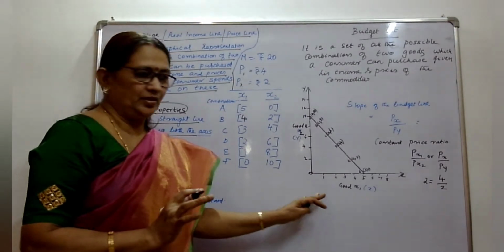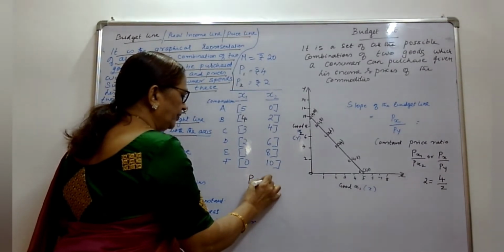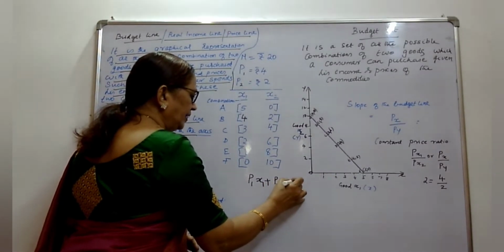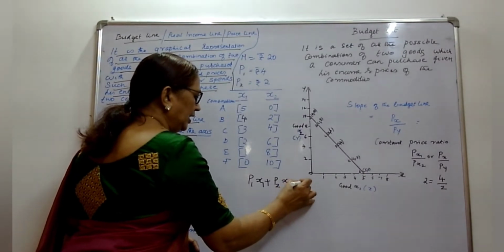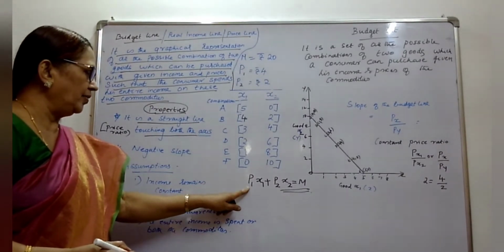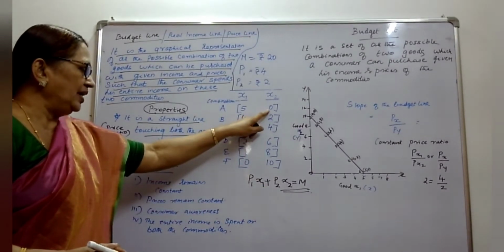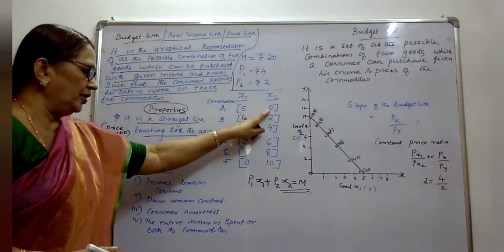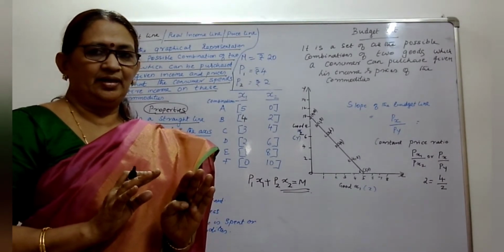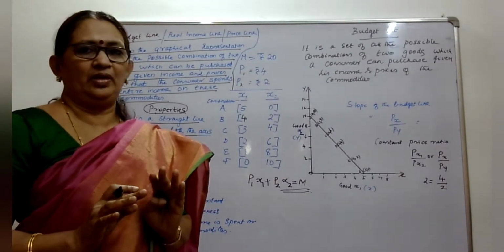Price of the first commodity into quantity of that commodity plus price of the second commodity into quantity of that second commodity is equal to M. He can purchase equal to his income, and the assumption is that he is spending his entire income on these two commodities.